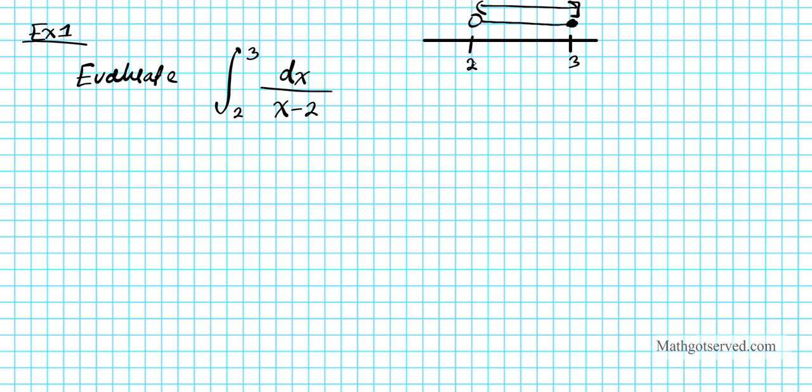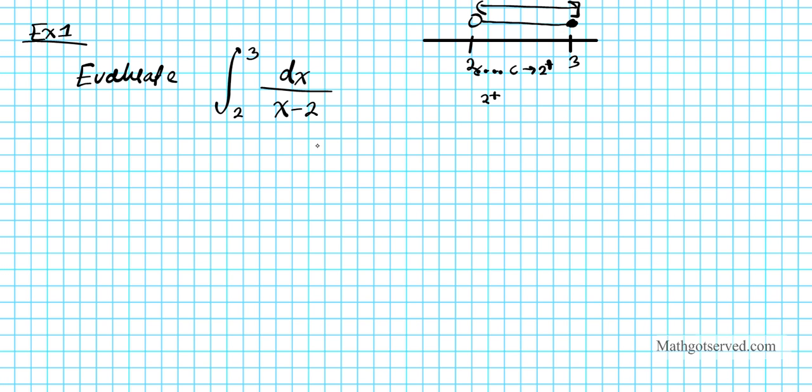What does that mean? Since we can't attain this value, we can get arbitrarily close. So we're going to be approaching the right side of 2, right? We're going to have C approach 2 from the right side, getting arbitrarily close to 2 from the right.